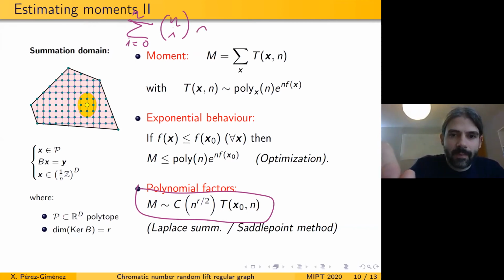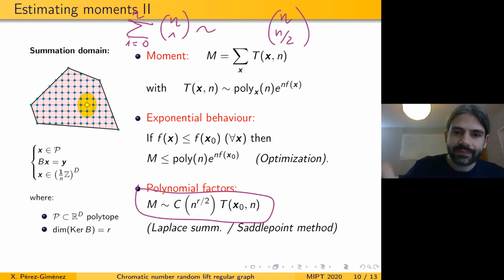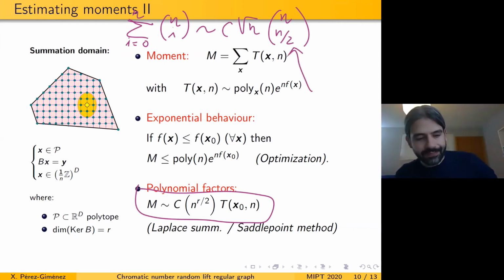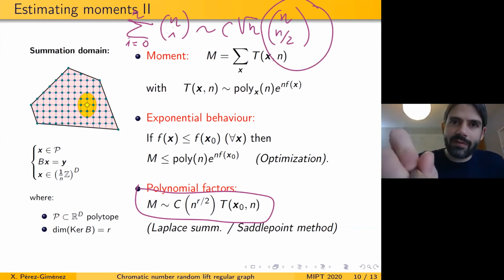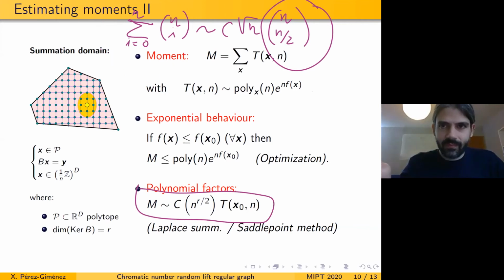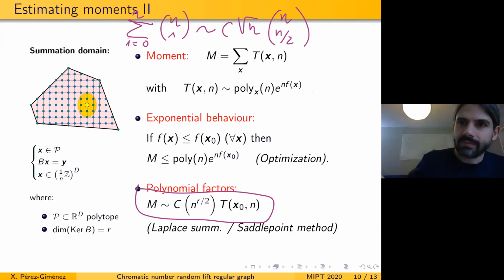You could approximate asymptotically this by the largest term, the term that gives you the highest exponential behavior. But then what we are missing here is really some constant times the square root of n. If you do the asymptotics for this, that tells you that this term is not enough to give you the whole weight of this sum, but it's enough to sum around a small window around this term.